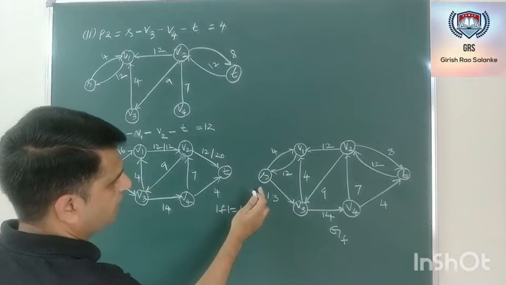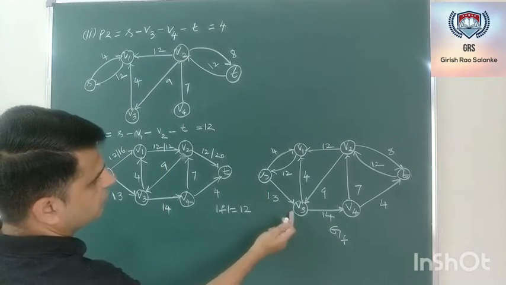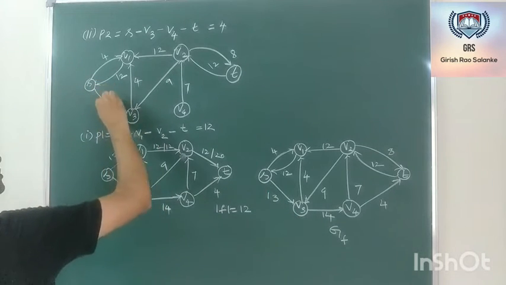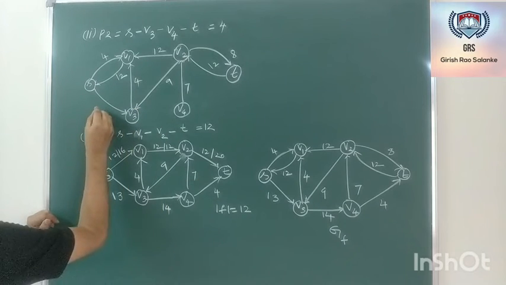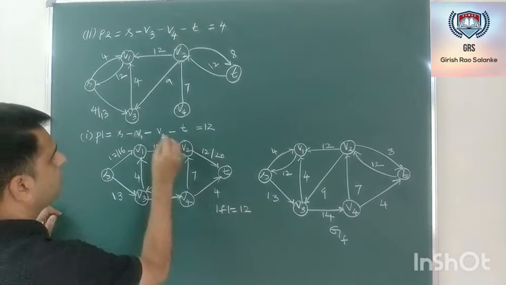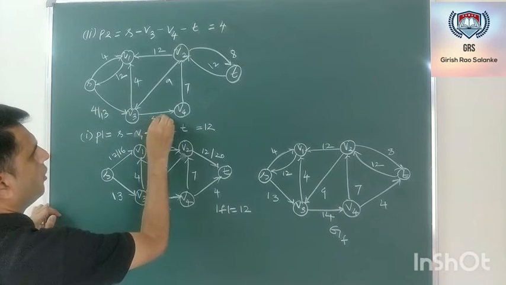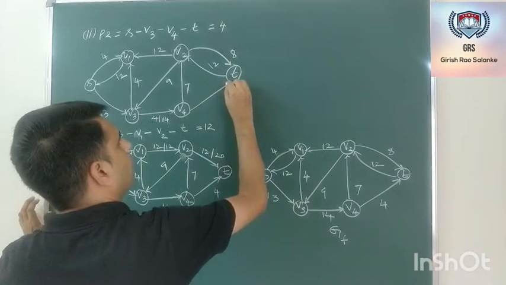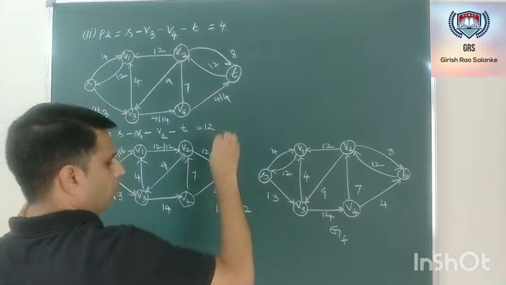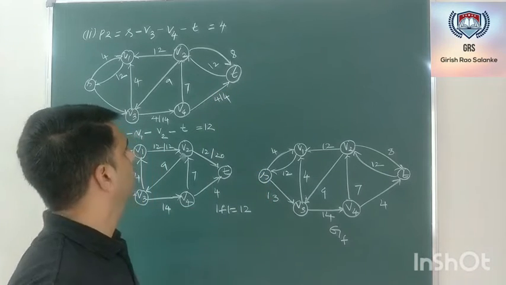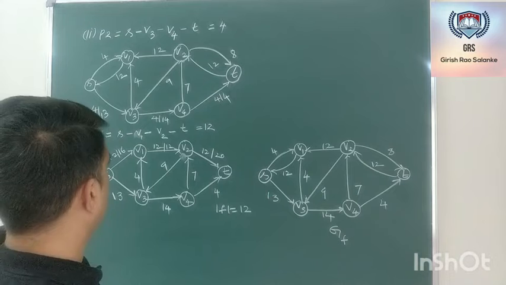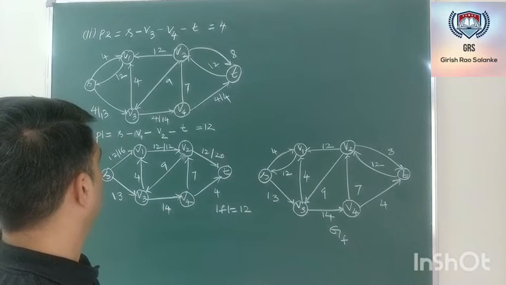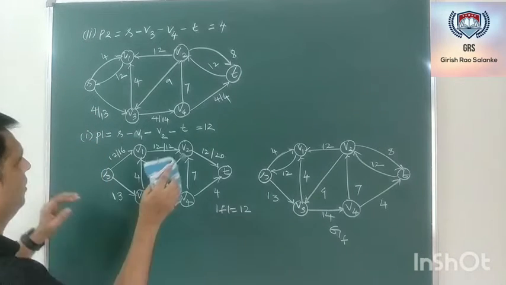Now I have considered this edge S to V3. So on S to V3 the flow is 4 of 13. Next is 4 of 14. Next 4 of 4. I'll rub this.